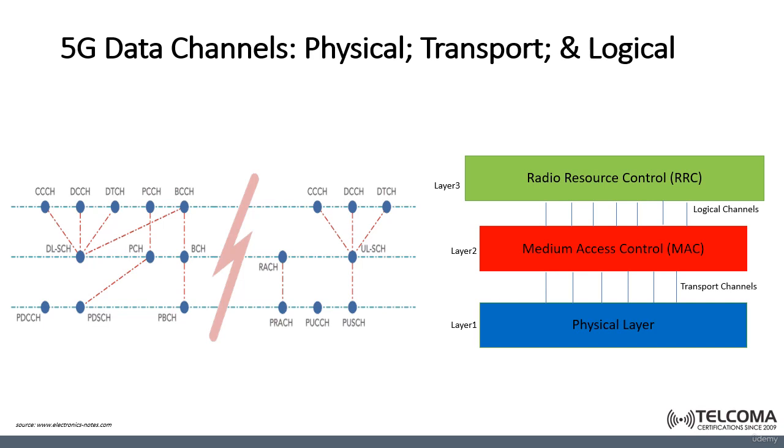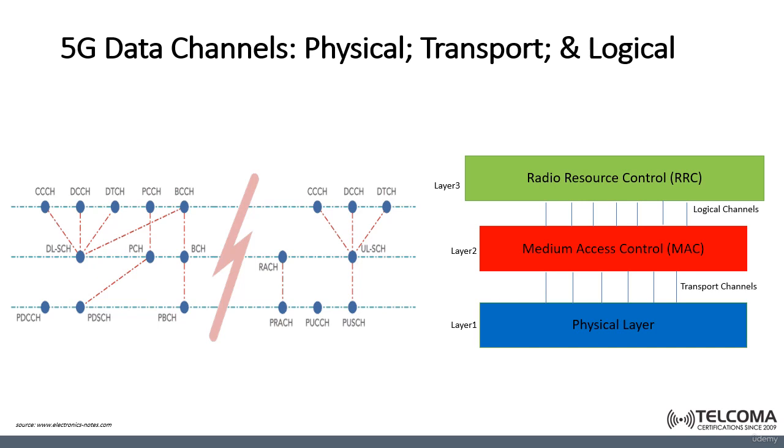The second layer of the protocol stack of the 5G system or 5G new radio is the MAC layer, which is the media access control. And the media access control layer is performing many functions and many services. We can mention some of them. So the MAC layer is providing many functions like the mapping between logical channels and the transport channels.